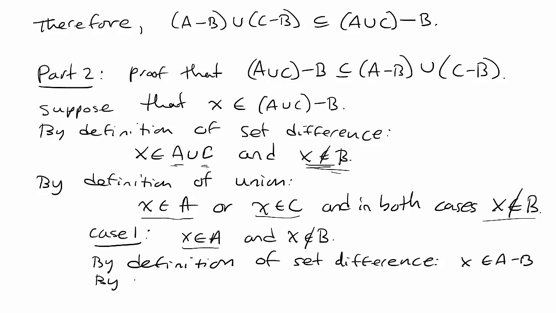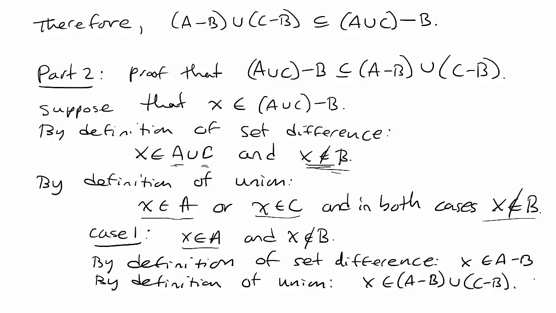And then by definition of union, X is in that set difference union another set difference, C minus B. And as long as this is a union, it doesn't matter what I put over here, right?